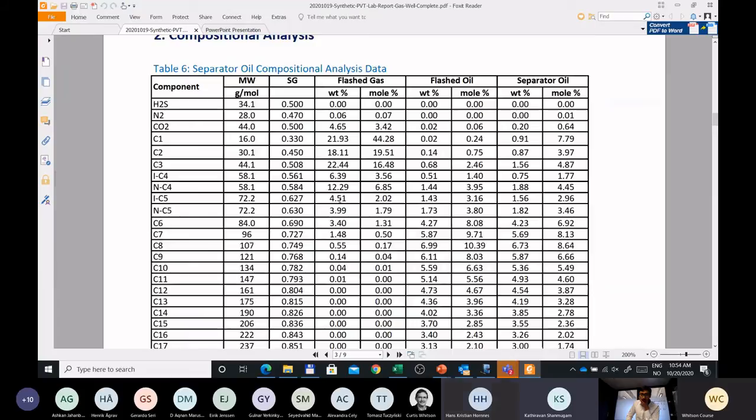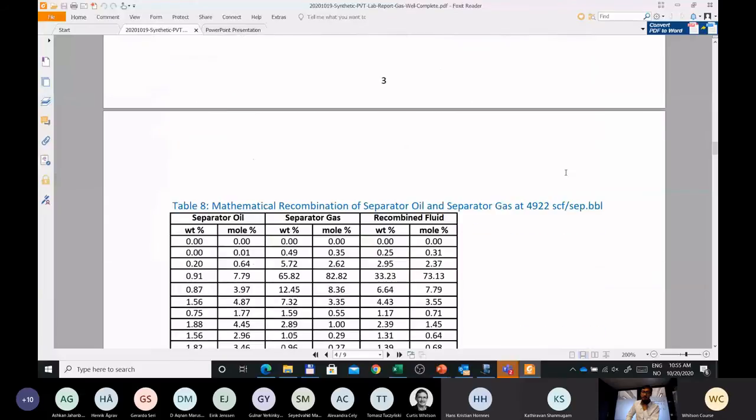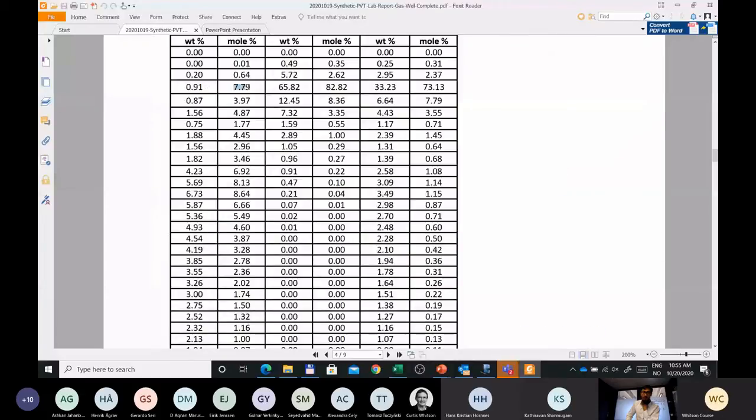Yeah, so that's the separator oil composition, and that's something we will go through in the next topic. That's the compositions, like how PVT labs measure the compositions. For the separator oil, they don't measure the composition directly, so they have to flash it first to ambient condition and get the flash oil and flash gas. These two compositions are measured directly, and then they do this mathematical recombination to come up with the separator oil. So the separator oil composition shown here is exactly the same as shown here as well.